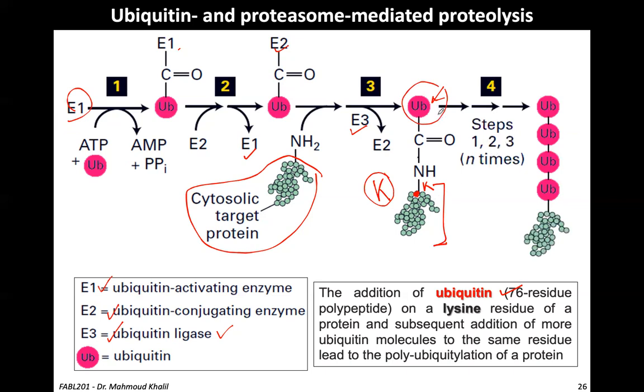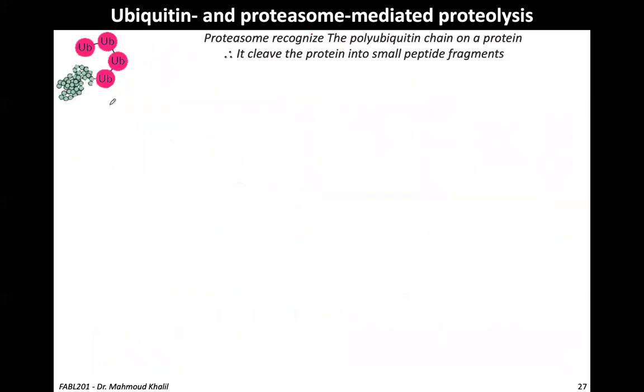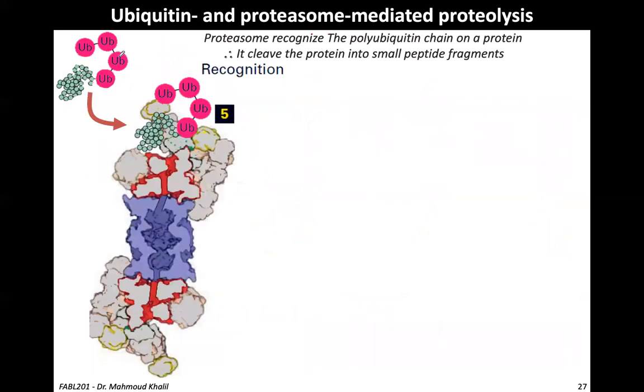So soon after that, all these steps are repeated in order to form something called a polyubiquitin on the lysine of the protein. Once the protein now has a polyubiquitin on the lysine residue, this protein will be targeted into the proteasomal mediated pathway. So you can see here, now we have a protein that is polyubiquitinated. It got recognized by a machinery inside each of our cells, which is called the proteasome.